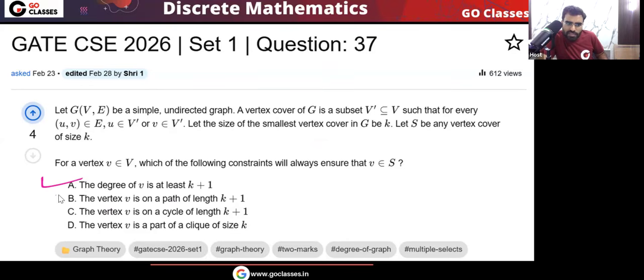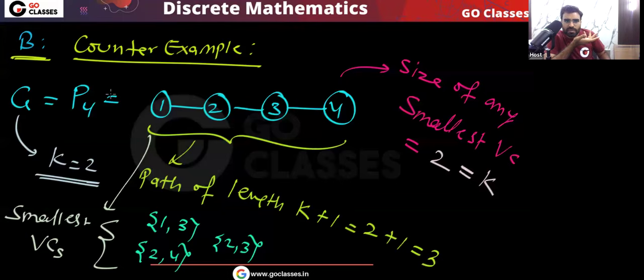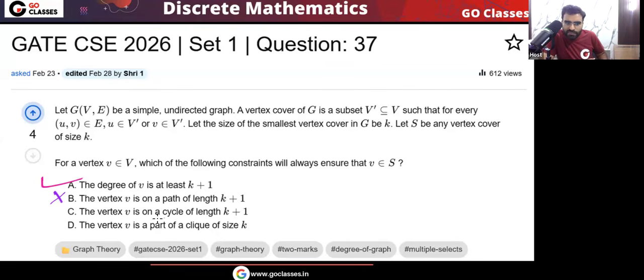So I can say that option B is false. We have found the counter example, and the counter example is so easy. You just take the path of length k plus 1. You just take P4. Very easy.